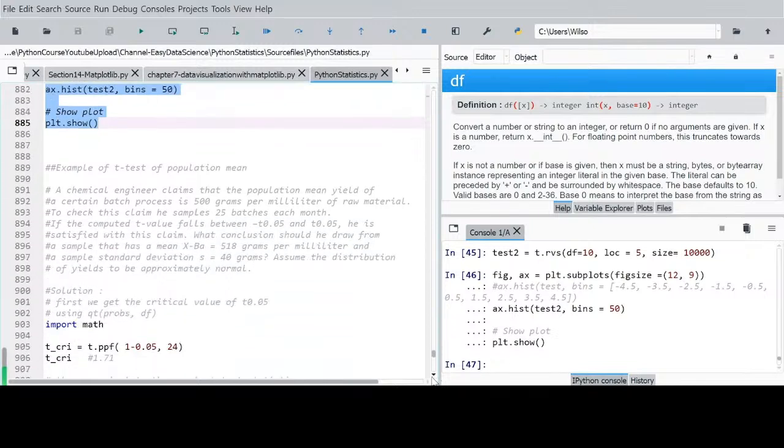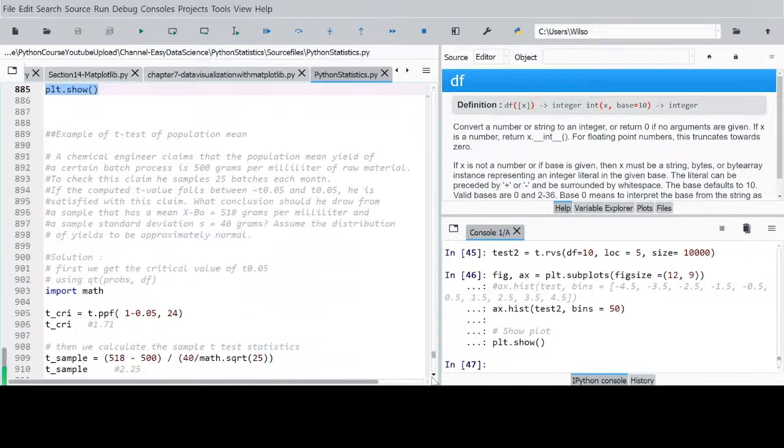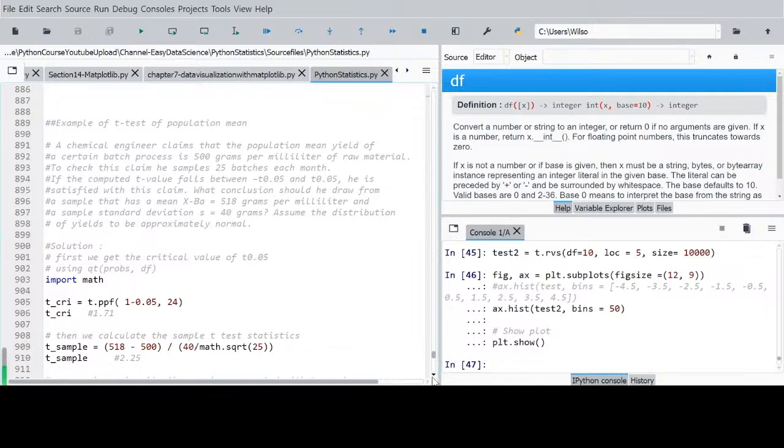So now we will show an example of using the t-distribution to do a t-test for the population mean. The example: a chemical engineer claims that the population mean yield of a certain batch process is 500 grams per milliliter of raw material. To check this claim, he samples 25 batches each month.